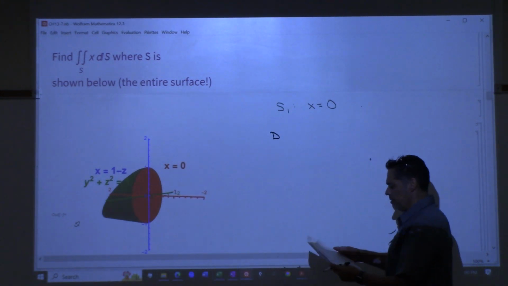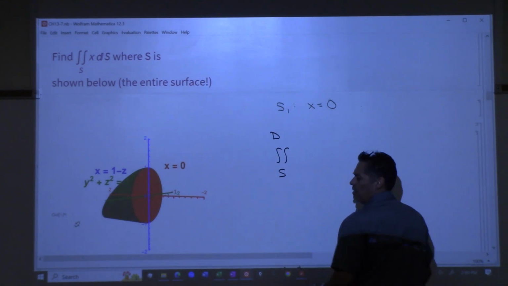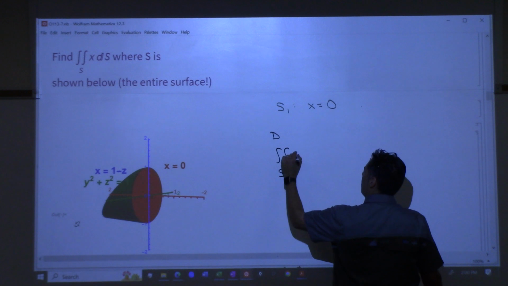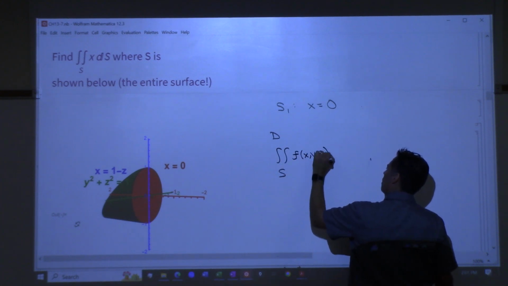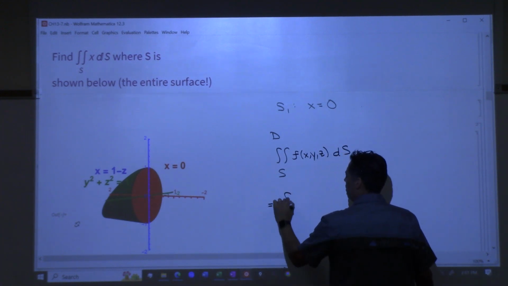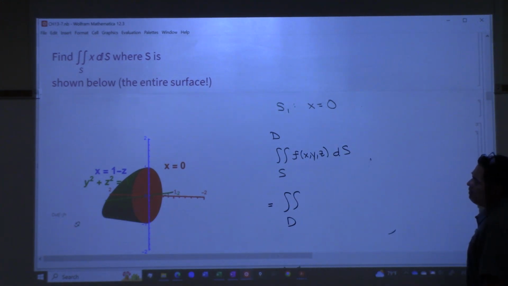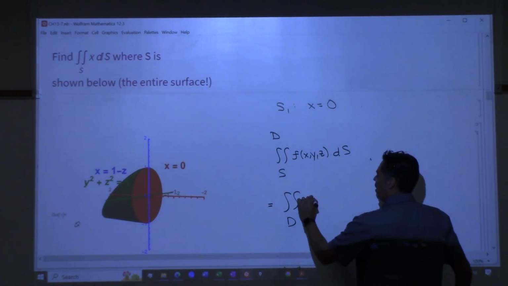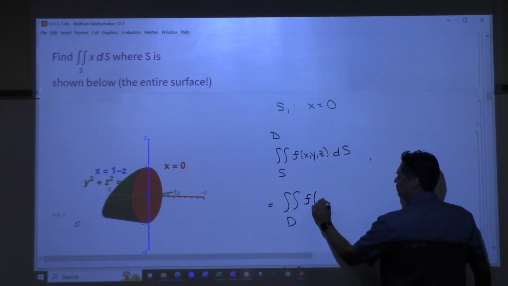D in our boxes. I know that the double integral over S of f of x, y, z, dS, because we're in the special case, should be the double integral over D of our function, but we will replace the x with what? g of y, z.